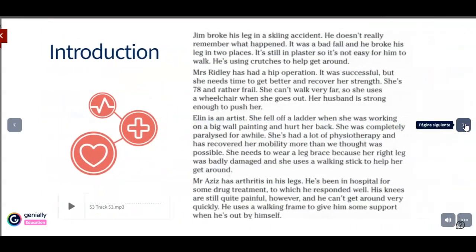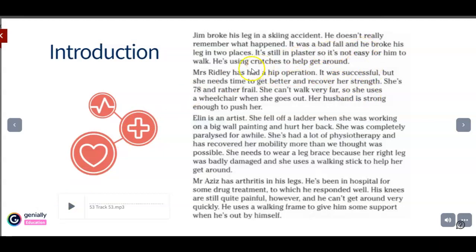I want you to observe these little transcriptions about different patients discharged. As you can see here, we have different instructions given to them. I recommend you check the recording that is in the presentation so that you can check all the information. But I want to point out some aspects that we need to consider when we are talking about a patient discharge.